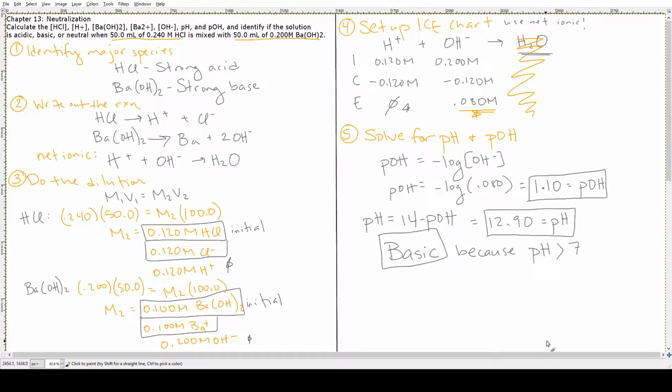You could have explained it different ways too, like with the concentrations earlier. And this problem also wants to know the concentration of hydrogen ions. I've got my concentration of hydroxide ions up here. I guess I should have boxed that.